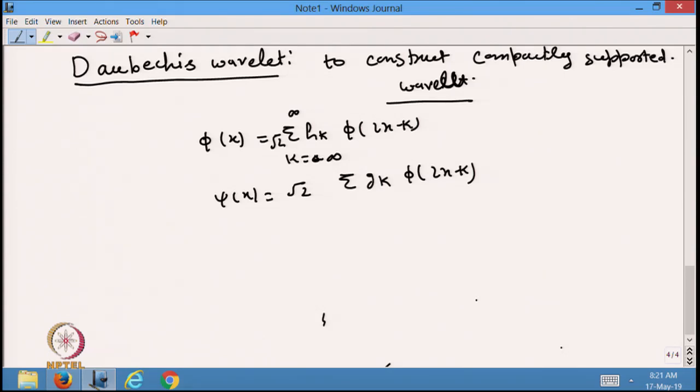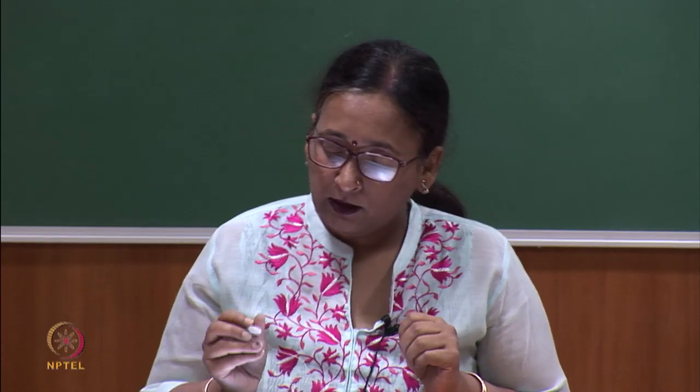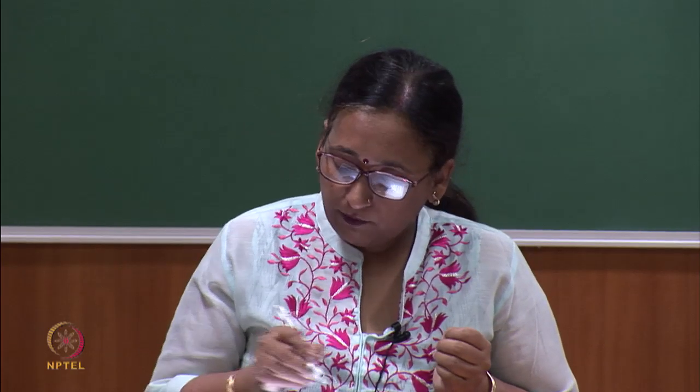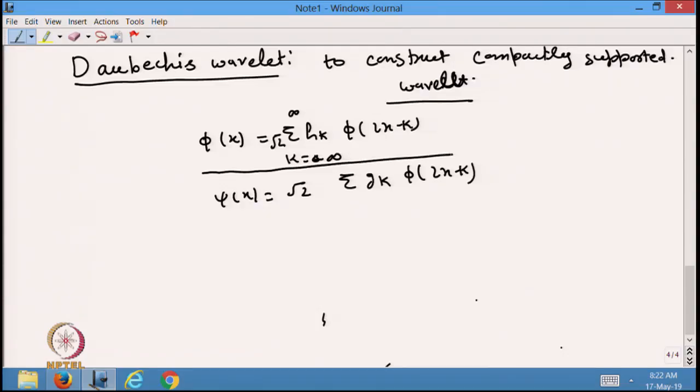That is why in the last topic, once you know how to compute phi, you can also compute psi. So, that is why I have not written separately how to compute psi. Now this is the relation for phi, this is the wavelet equation, and this is the dilation equation.